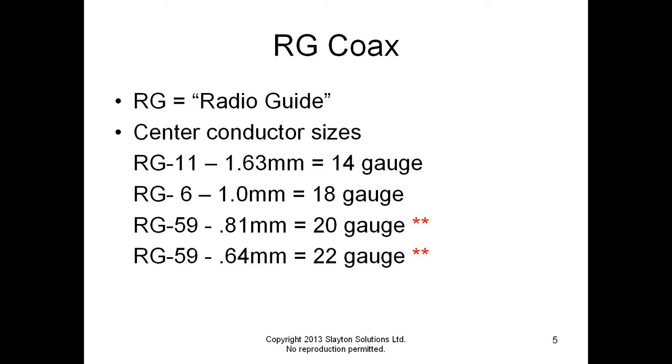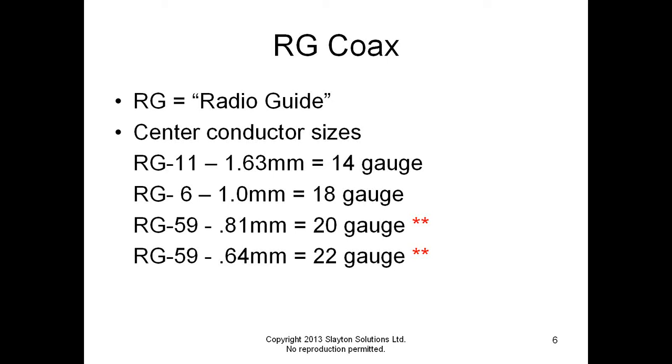Now, RG stands for radio guide. And when we talk about the different RG types of cables, the 11, the 6, and the 59, the primary difference is the gauge of the center conductor. RG11, 14 gauge; RG6, 18 gauge.